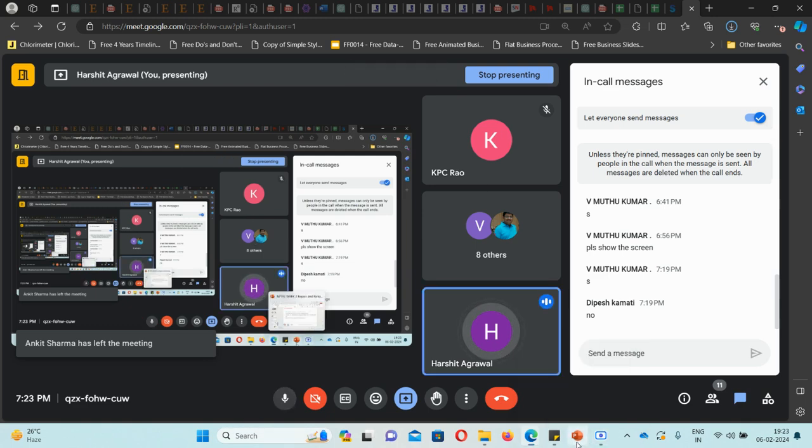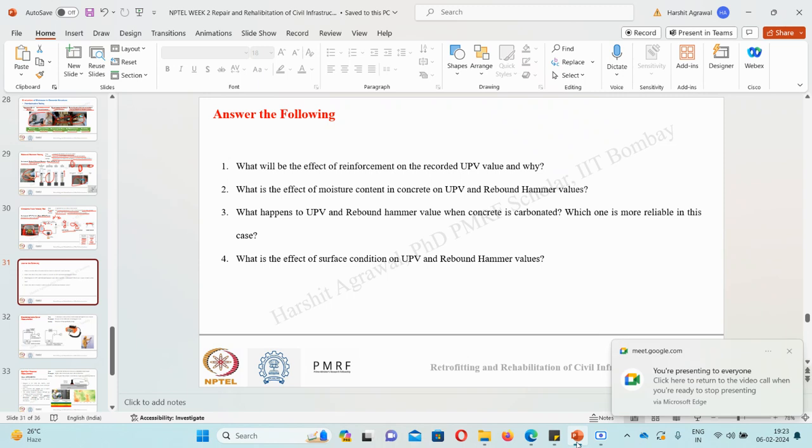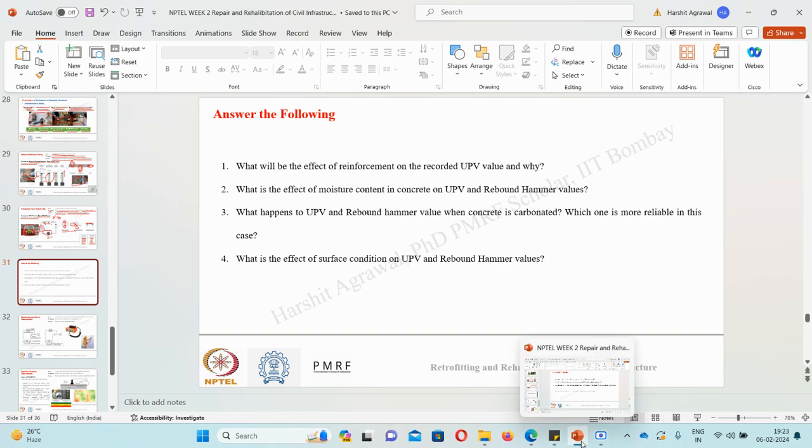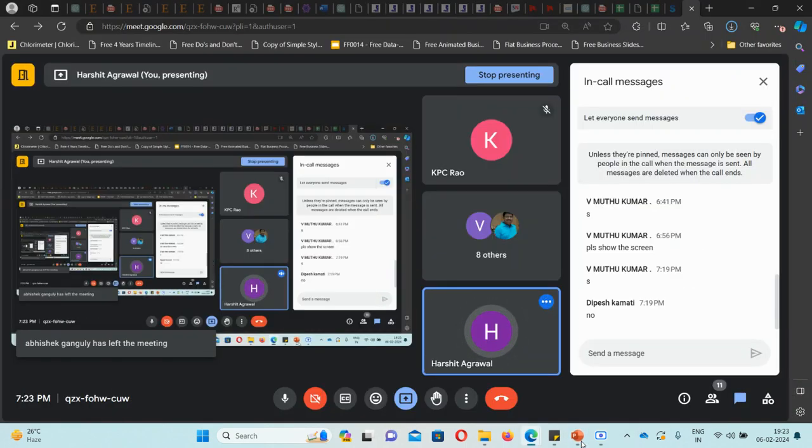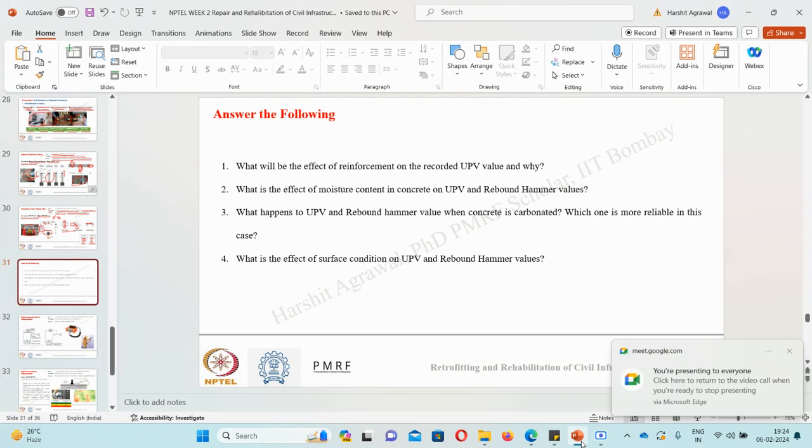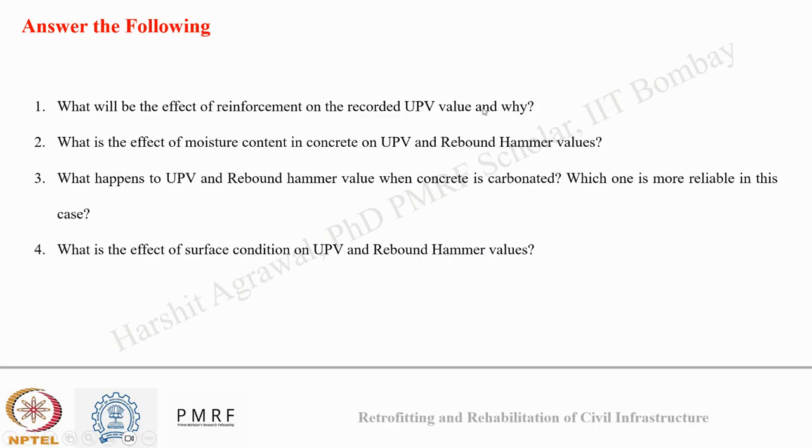So let's see the answers now. First question is, what will be the effect of reinforcement on the recorded UPV value? Can anyone answer? Due to the presence of reinforcement, my UPV value may increase.